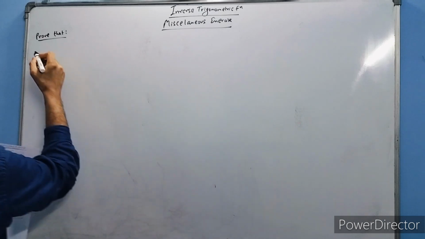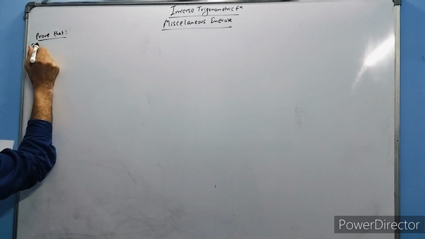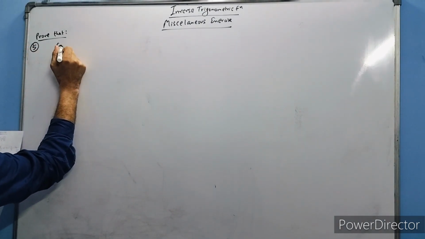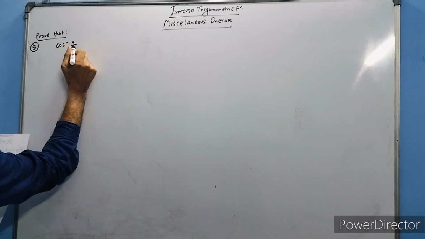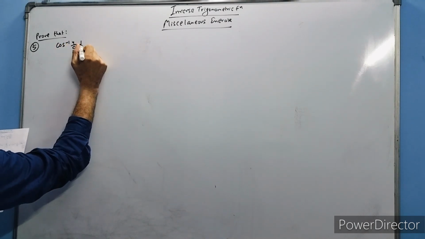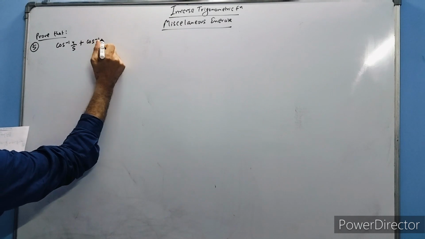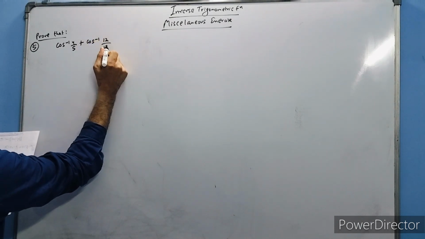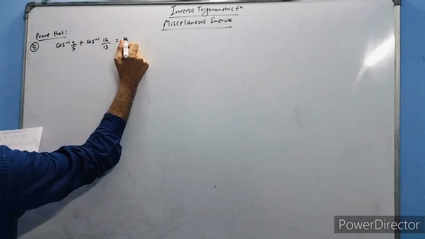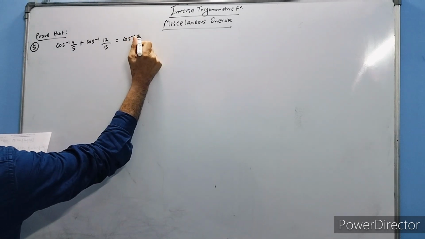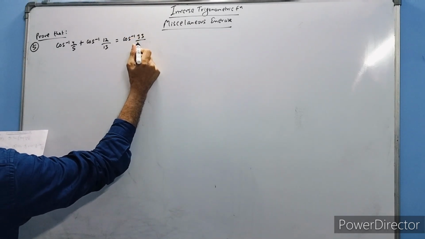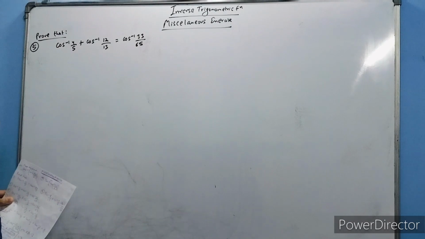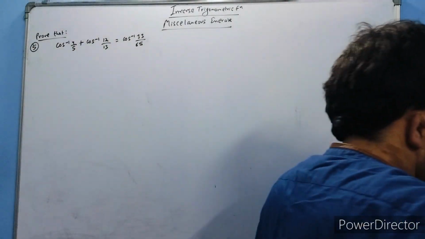What does the fifth question say? Cos inverse 4 upon 5 plus cos inverse 12 upon 13 is equal to cos inverse 33 upon 65.